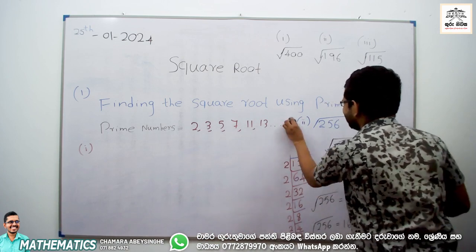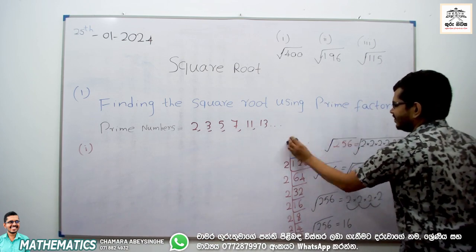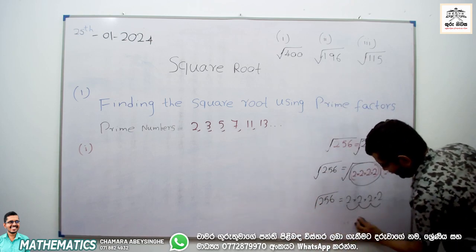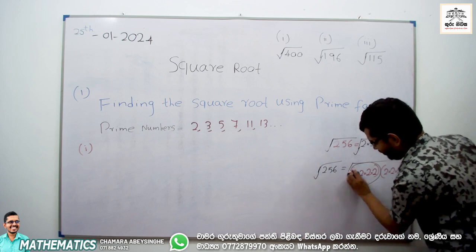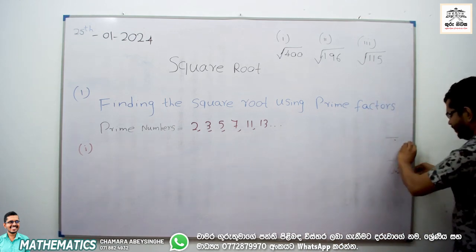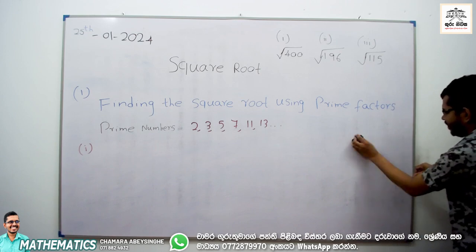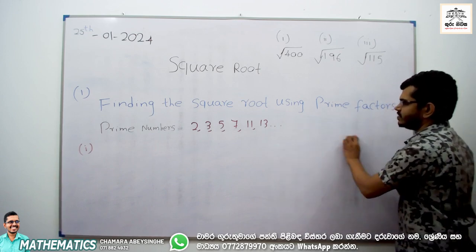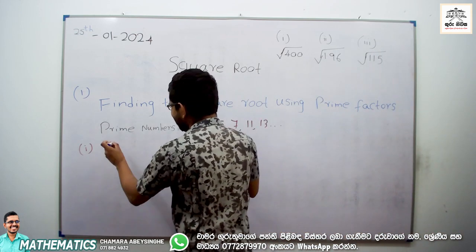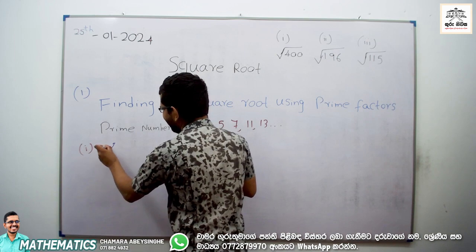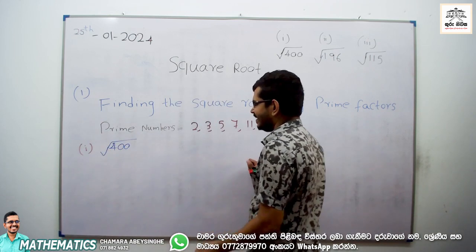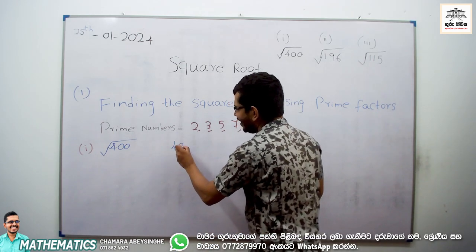What is the answer? Now, let's see square root 400.